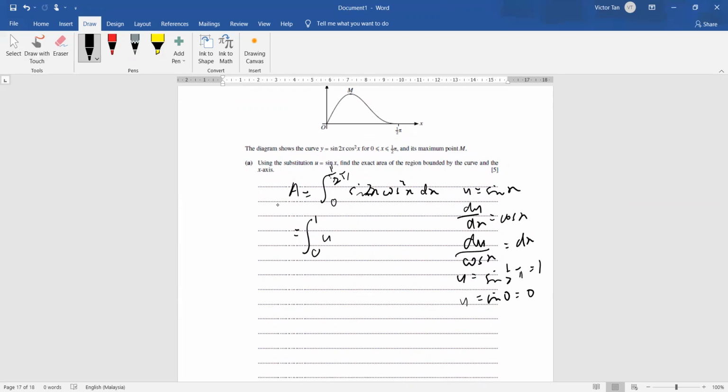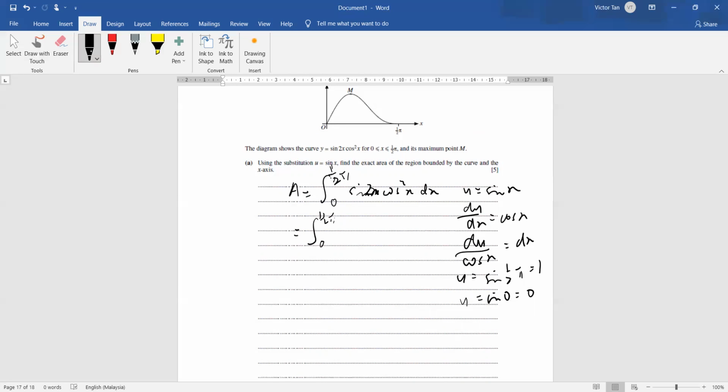This is sine 2x. No wonder. So sine 2x, I need to change a bit first. Wait. Let's do this. So I need to change. The limits are half pi and 0.